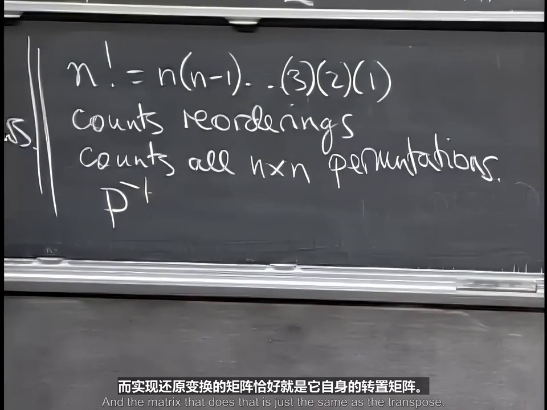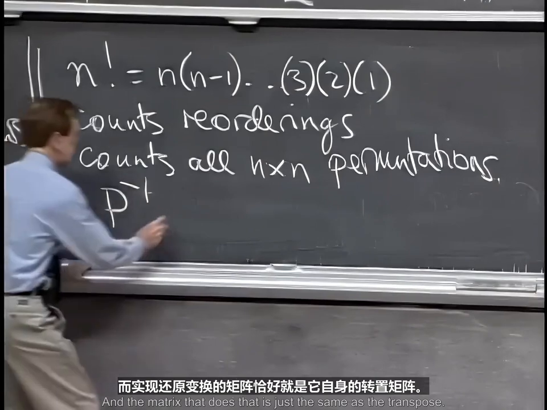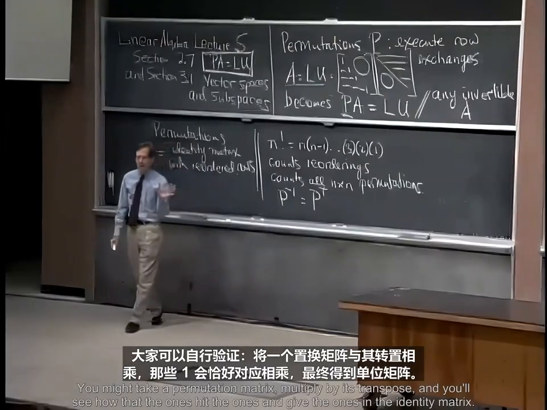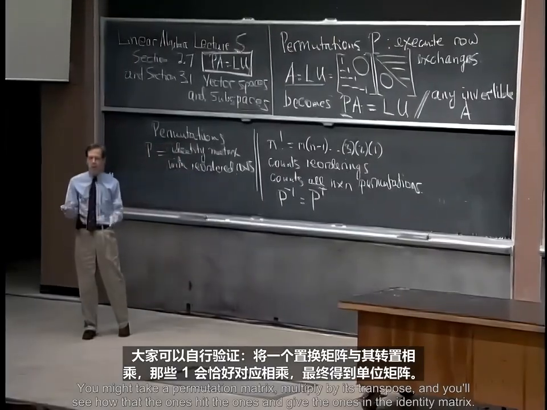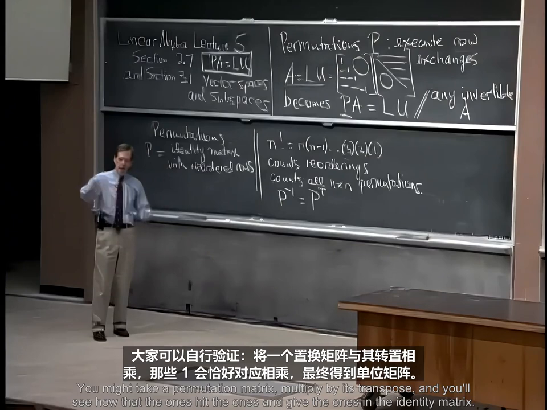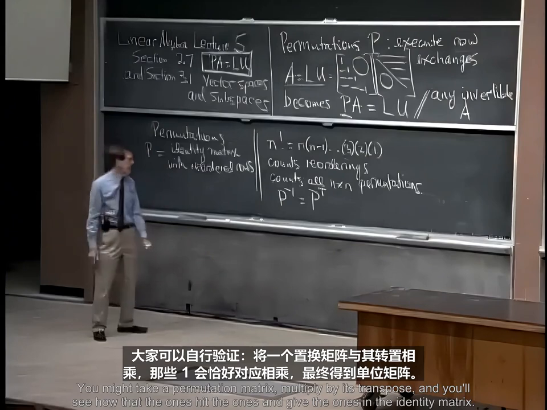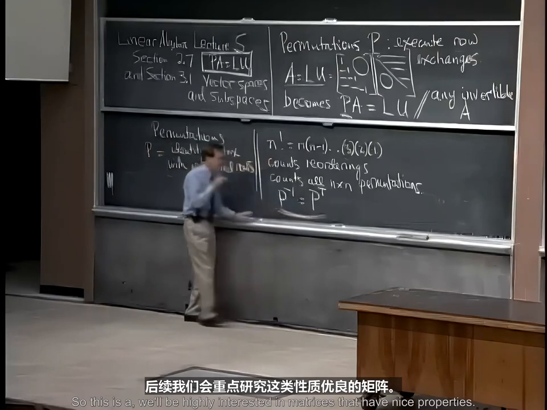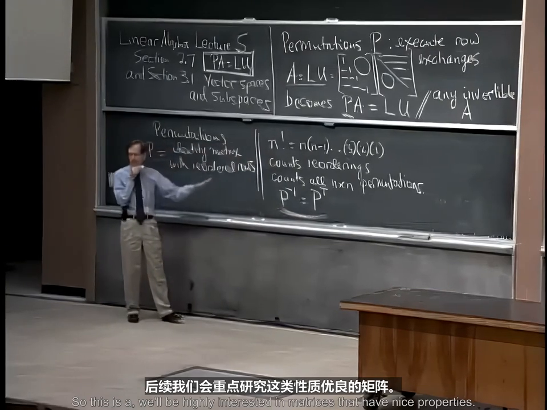And the matrix that does that is just the same as the transpose. You might take a permutation matrix, multiply by its transpose, and you'll see how the ones hit the ones and give the ones in the identity matrix. So we'll be highly interested in matrices that have nice properties.